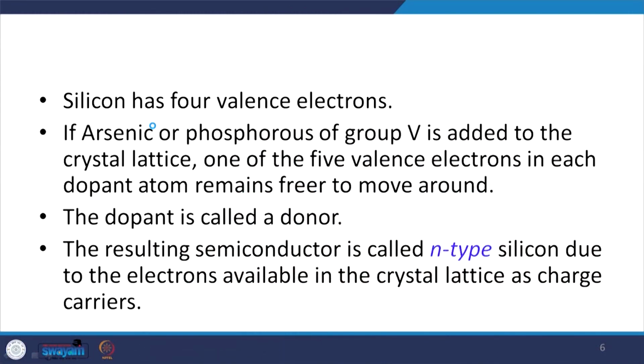That remains free to move around, and the dopant is called what we know as the donor. And since here we have one extra free electron, the resulting semiconductor is called N type silicon, due to the availability of the electron in the crystal lattice as a charge carrier.